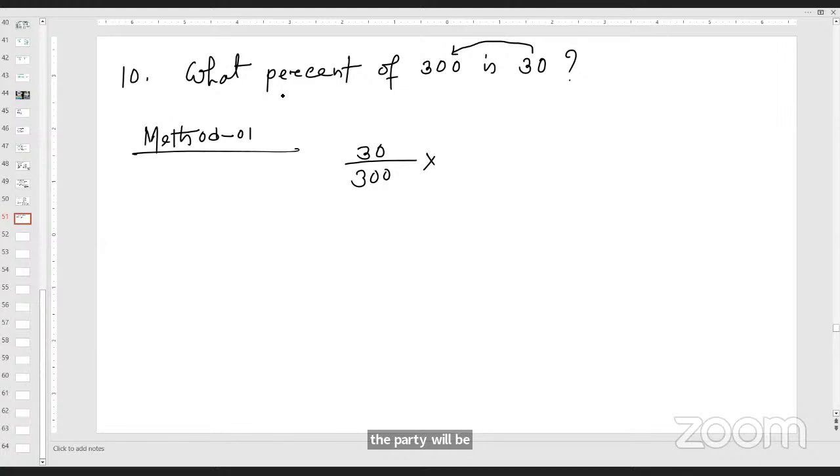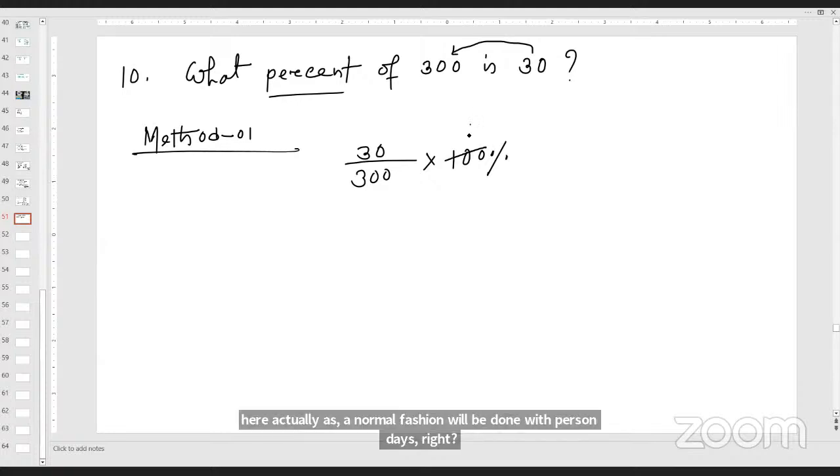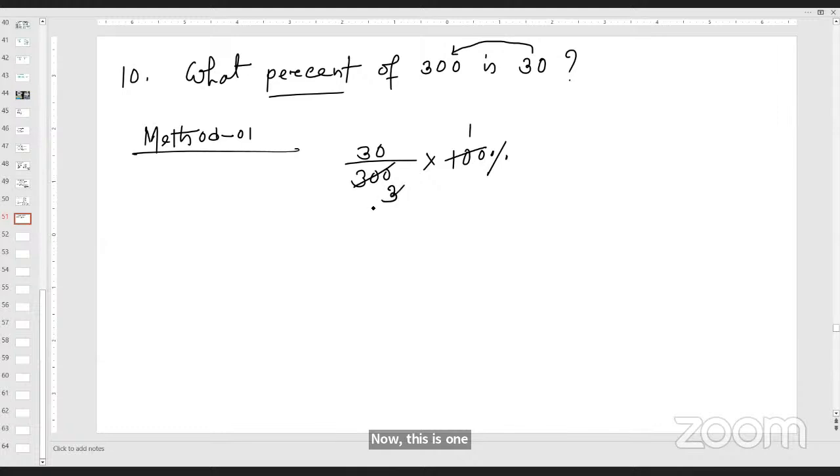Now, since we are asked to find out the percentage, if we multiply this comparison with 100%, the comparison which is here as a normal fraction will be turned to a percentage, right? Now this is 1 and this is 3, that's 3, 1 and 10. Have you got that actually?